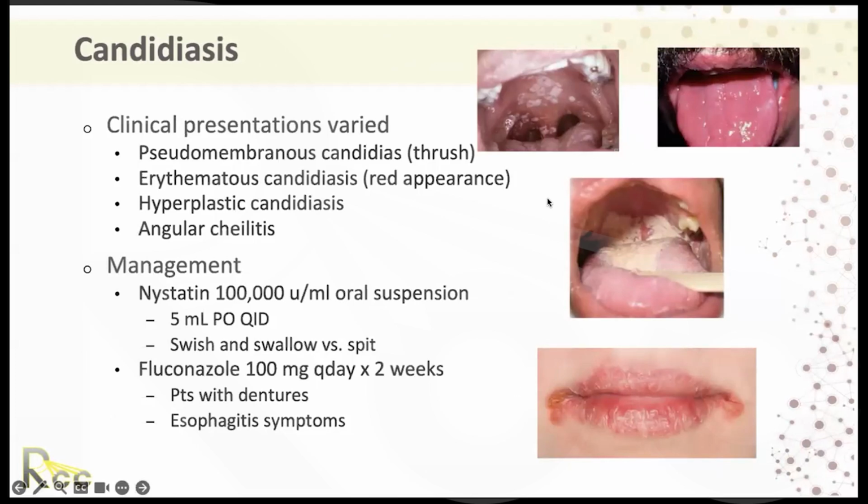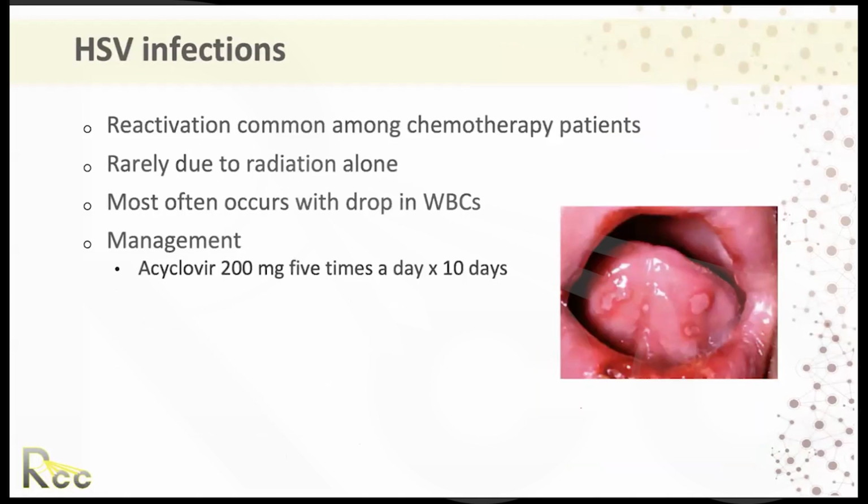Thrush is again something that you can see in patients as the microenvironment of the oral cavity changes, and something that we have to be hypervigilant about. As I mentioned, this is especially a big issue in oral cavity patients and patients that have dental prosthetics. So using something like nystatin or fluconazole is something I routinely use to help manage thrush in patients. Rarely in some patients, you can get reactivation of HSV.